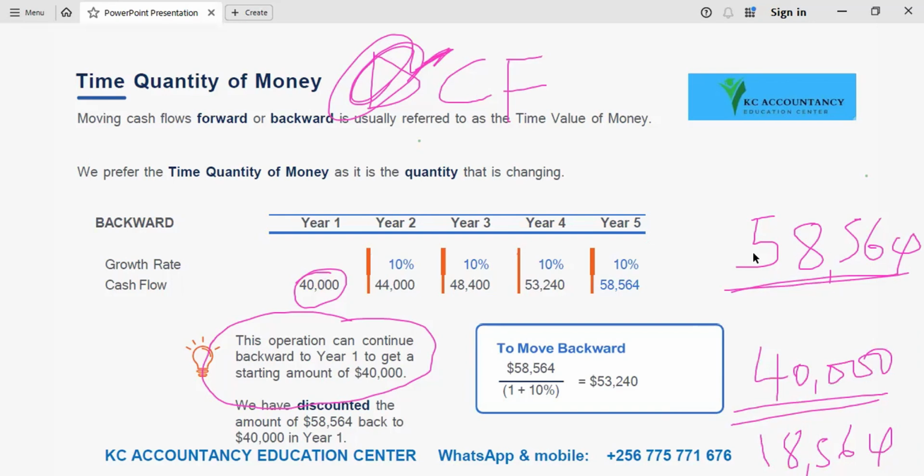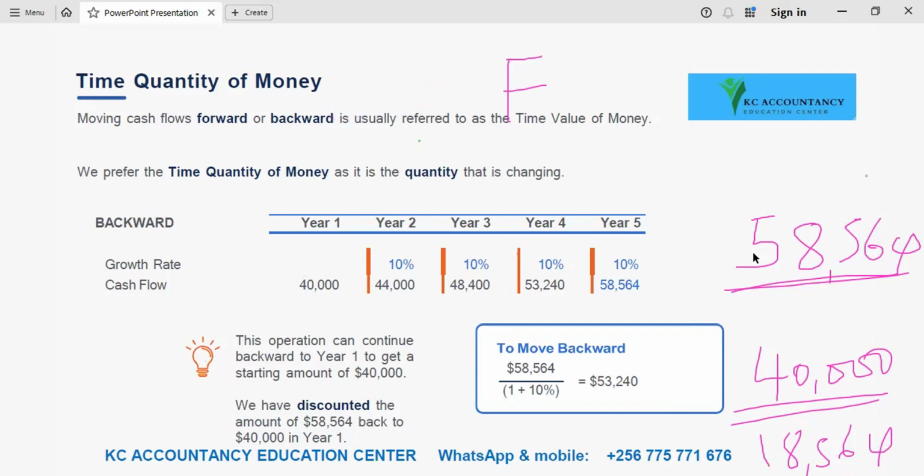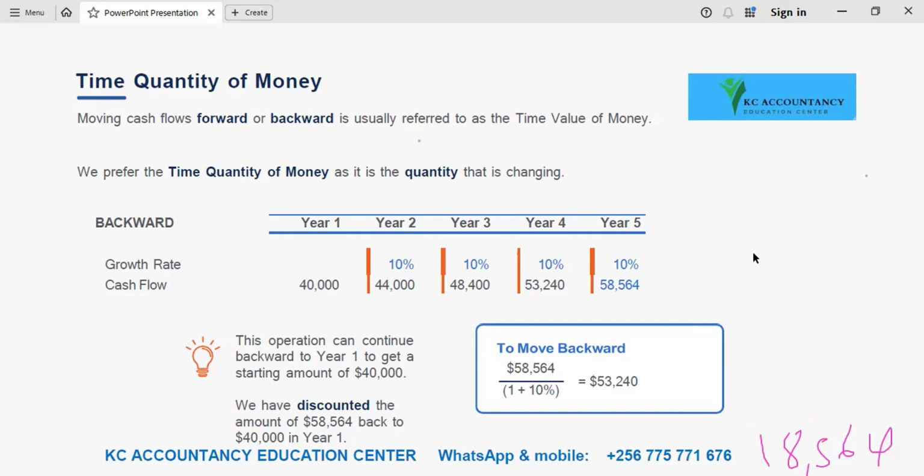To do a DCF properly, we need to have the right cash flows. If you don't have the right cash flows, you will not make the right computations, because all these computations are based on the cash flows we have.